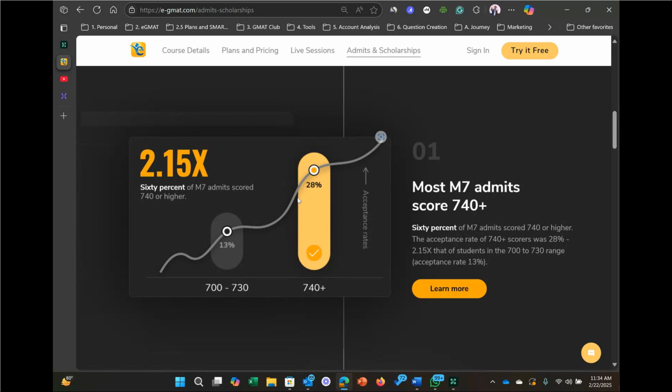And what we found was, when we account for similar backgrounds and similar geographies, the probability of admission for someone who had a 740 or higher was about 28% to an M7 school versus 13%. So it wasn't zero in this bracket, but definitely, it's more than doubled here.